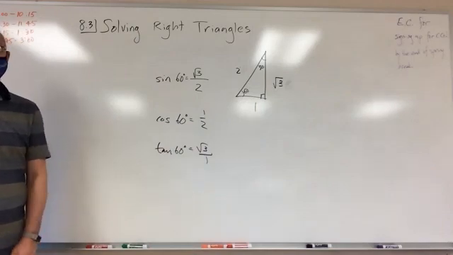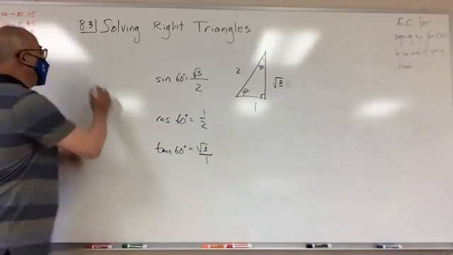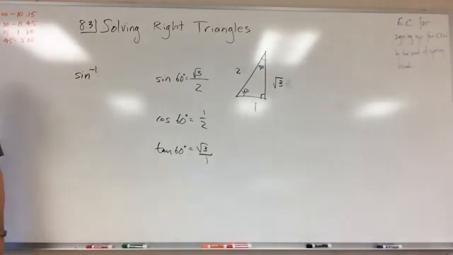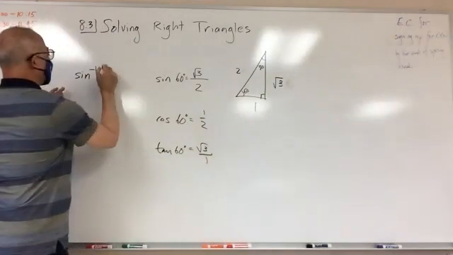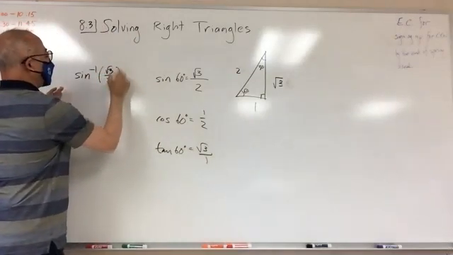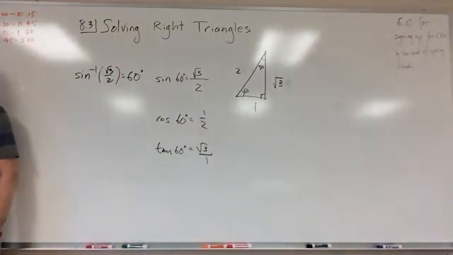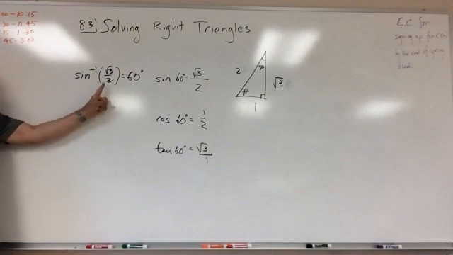Inverse trigonometric function is denoted as such. It takes this value here. So I'm going to put this value in here, 60 degrees. The inverse trigonometric function is the angle that gives me this value.